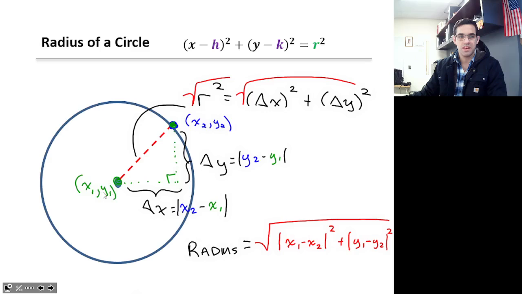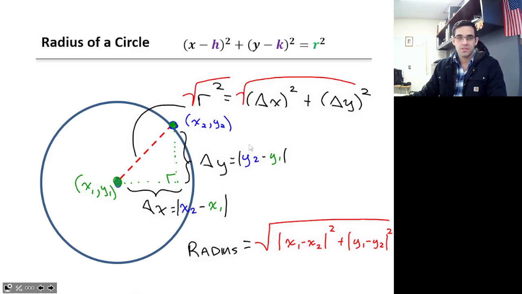So the change in x is the absolute value of x2 minus x1, because again we don't care if it's negative, we just want to know how long this side of the triangle is. The change in y, how long this side of the triangle is, is the absolute value of y2 minus y1. And you can go x2 minus x1 or x1 minus x2, as long as you're consistent with both the x and the y, it doesn't make a difference.